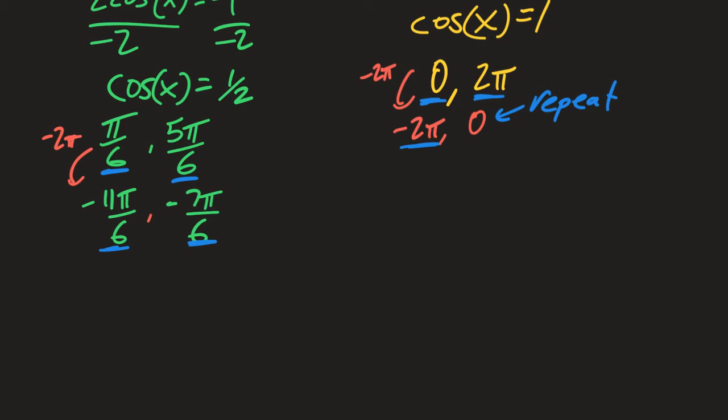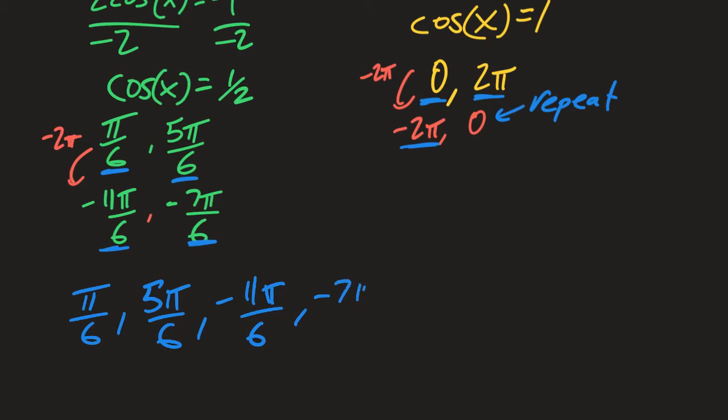Okay, so the first 4 came from here: pi over 6, 5 pi over 6, -11 pi over 6, -7 pi over 6. Then from the right-hand side, we had 0, 2 pi, and -2 pi. So all of these are the solutions within the interval -2 pi to 2 pi.